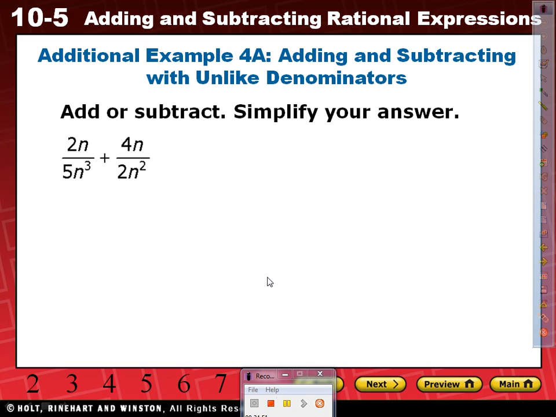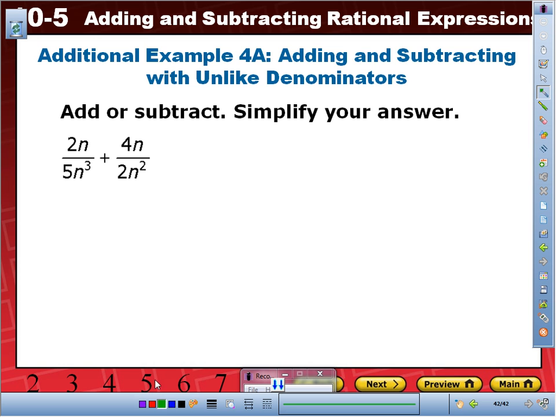No, I'm going to show you. Okay, here we go. Pens down, eyes up here. So now, in order for us to add, we need to identify the common denominator, which it does not have. Therefore, we start with factoring the denominator. This one becomes 5 times n times n times n. This one becomes 2 times n times n.